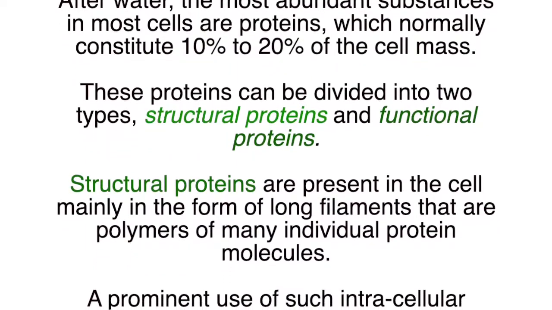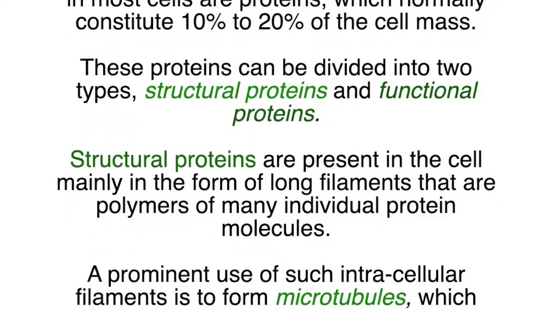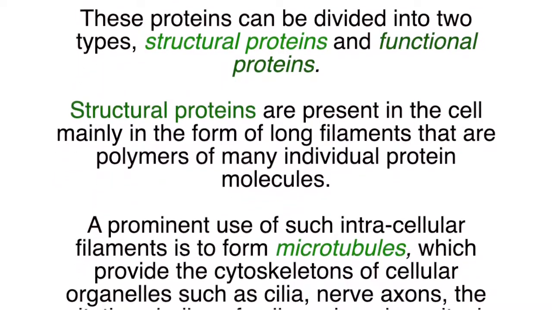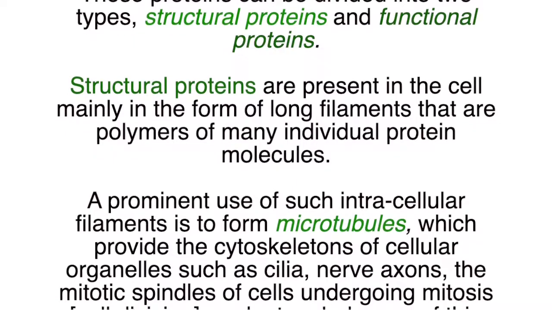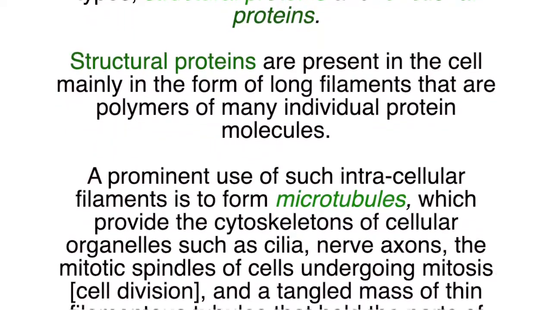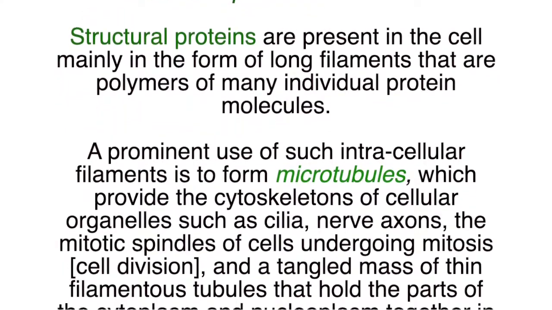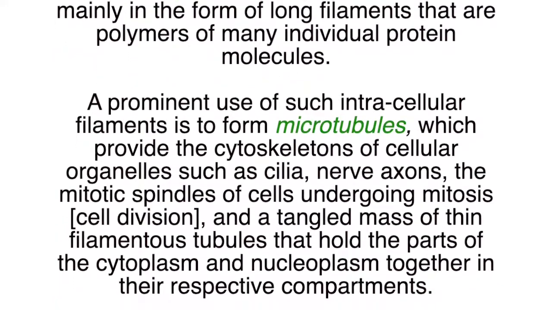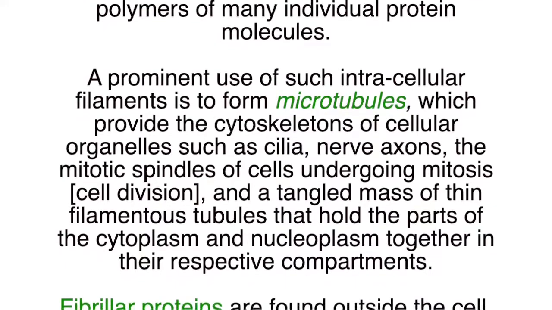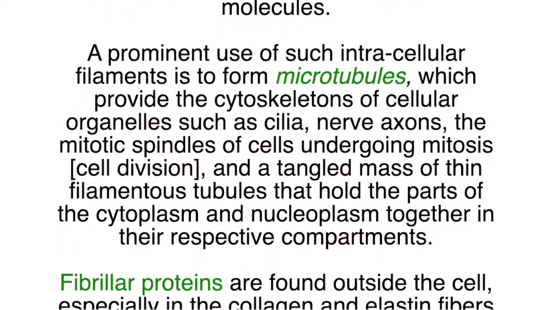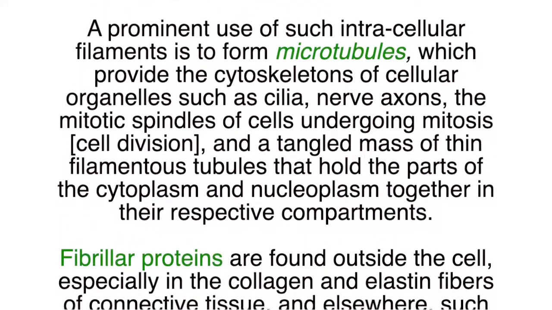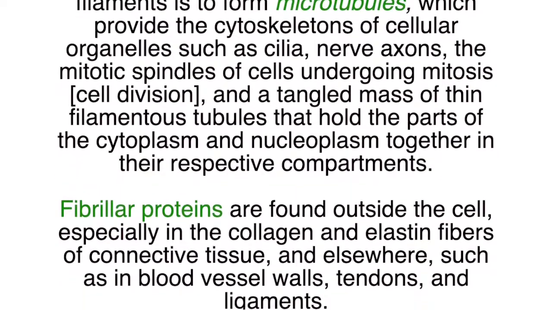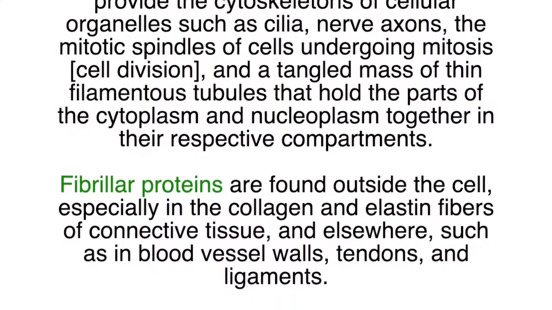A prominent use of such intracellular filaments is to form microtubules which provide the cytoskeleton of cellular organelles such as cilia, nerve axons, the mitotic spindles of cells undergoing mitosis, that is cell division, and a tangled mass of thin filamentous tubules that hold the parts of the cytoplasm and nucleoplasm together in their respective compartments.